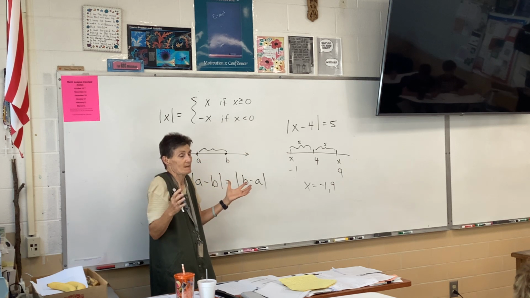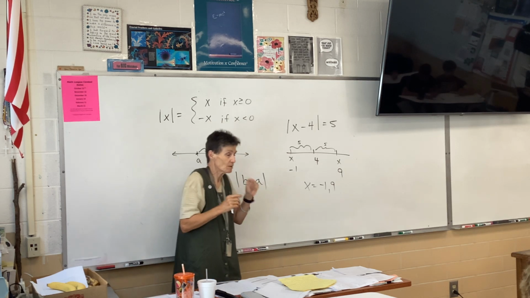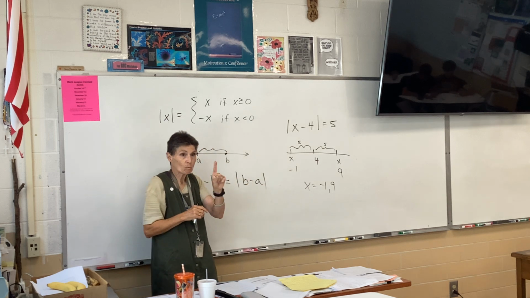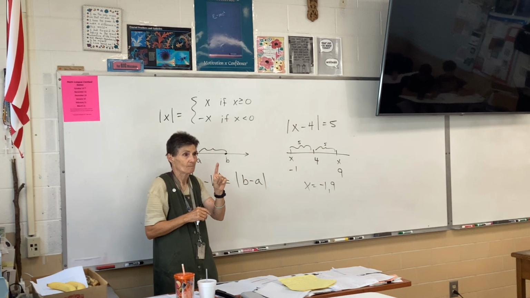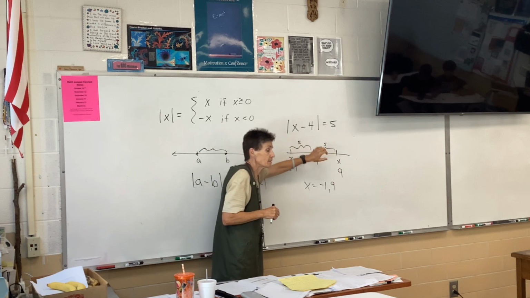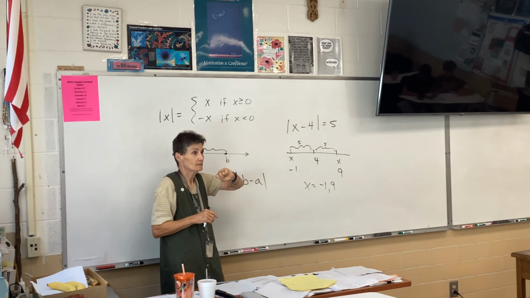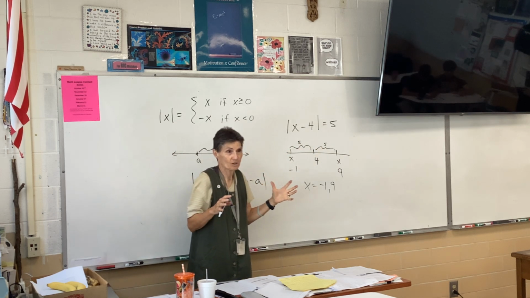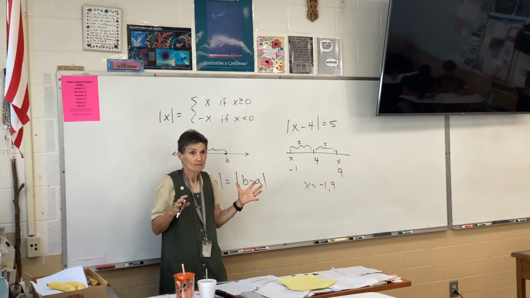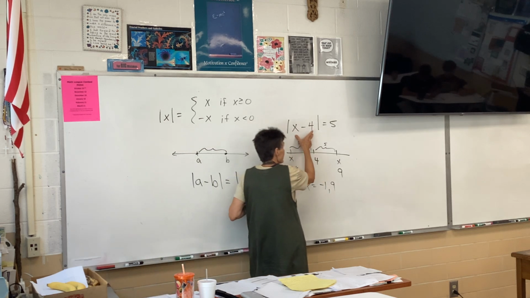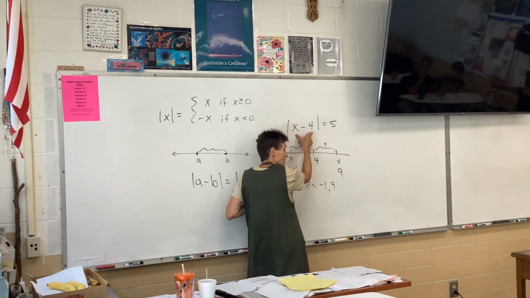This is for why. Because a year from now, day one of your calculus class, you're going to be using this idea to talk about limits, and I want you to have some idea what she's talking about, okay? This is the distance between these two numbers on the number line.